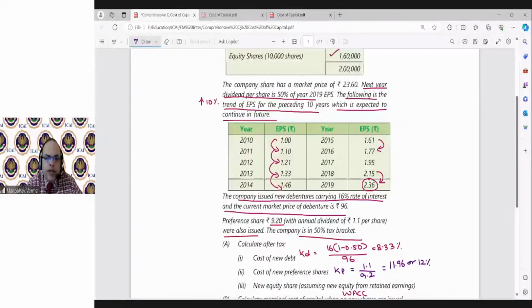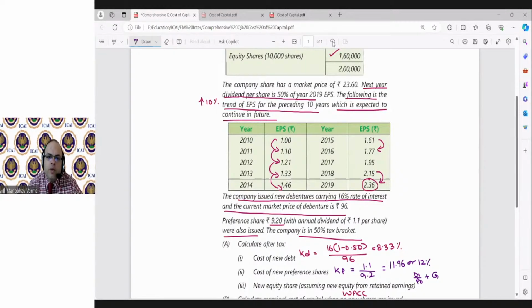New equity shares, assuming new equity comes from retained earnings. Now, this is interesting for us. So, my point is, we are saying D1 upon P0 plus G, right? For the equity shares, we need to understand that it's D1 upon P0 plus G. What information do we have here?